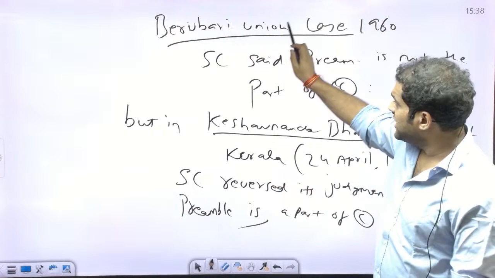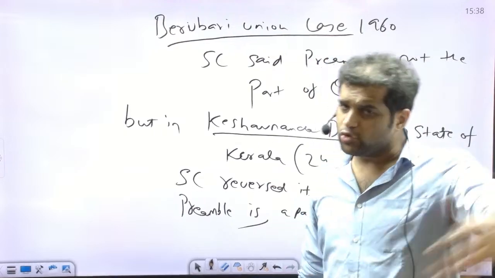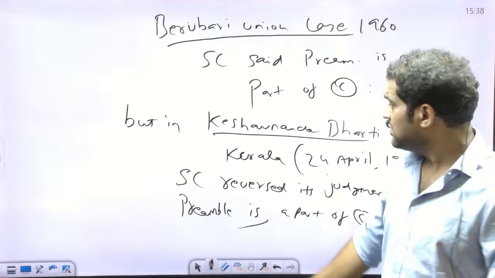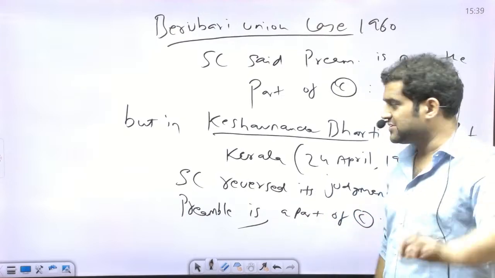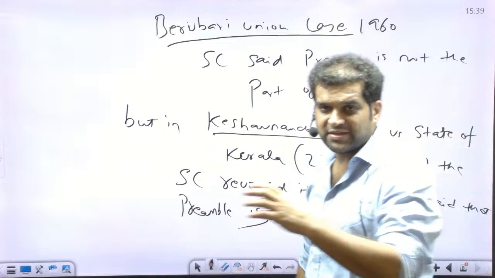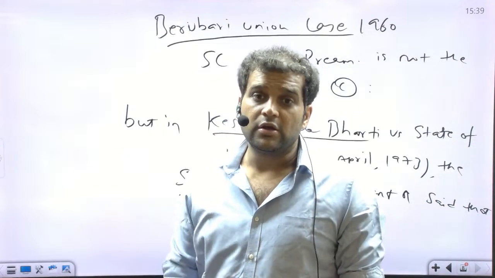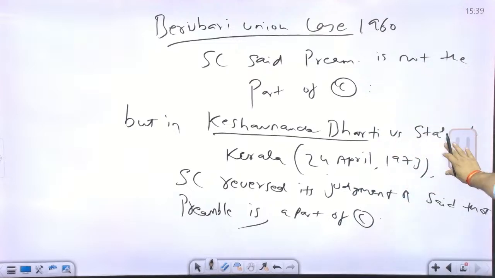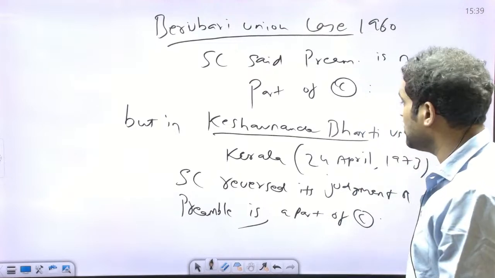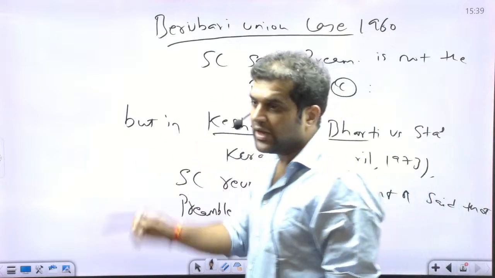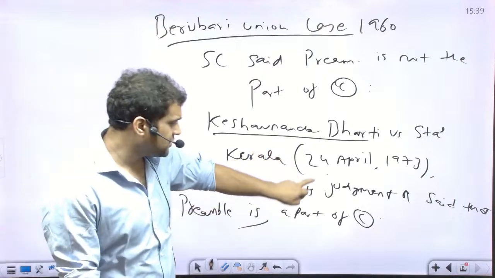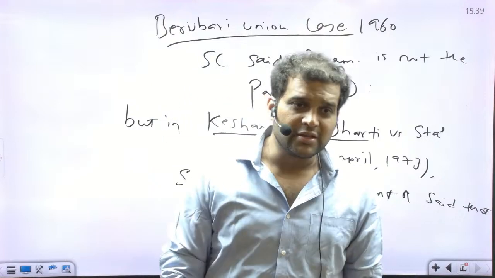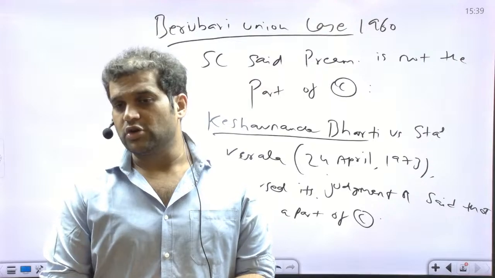Just remember that in the Berubari Union case 1960, Supreme Court refused to accept the preamble as part of the constitution, but a decade later, in 1973, in a very famous case, perhaps the most famous case in the entire history of Indian courts, jurisprudence, this Keshav Nanda Bharti versus State of Kerala, it changed. This case is famous not for this judgment but for another doctrine proposed by the Supreme Court, the doctrine of basic structure.